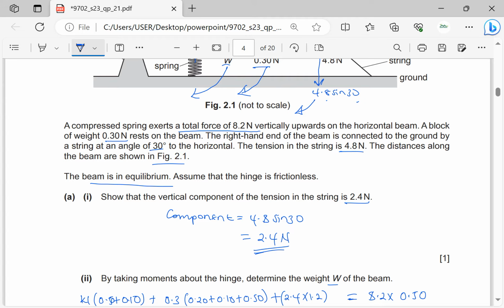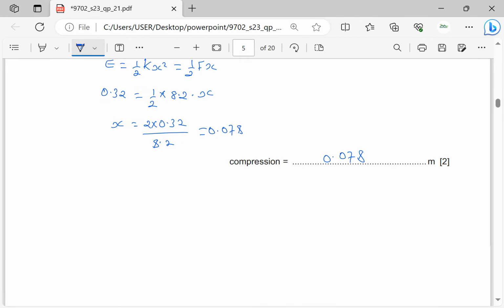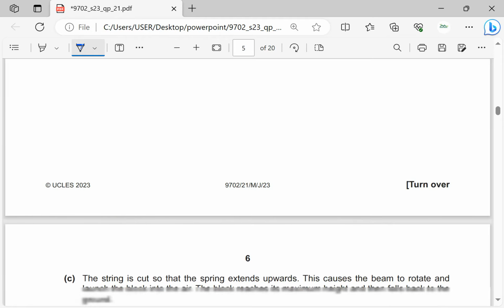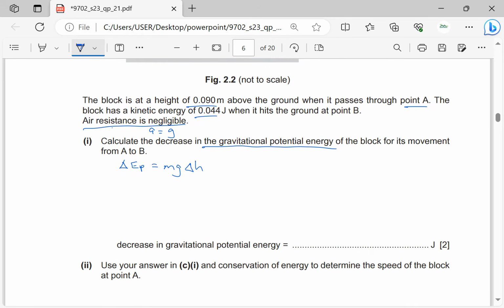We have the weight of the block, which is 0.3, so I will not even waste time. So mg is the weight of the block, which was given as 0.30 newtons. So I'll just substitute mg 0.3. So this is going to be 0.30 times the decrease in the height, which is 0.09.